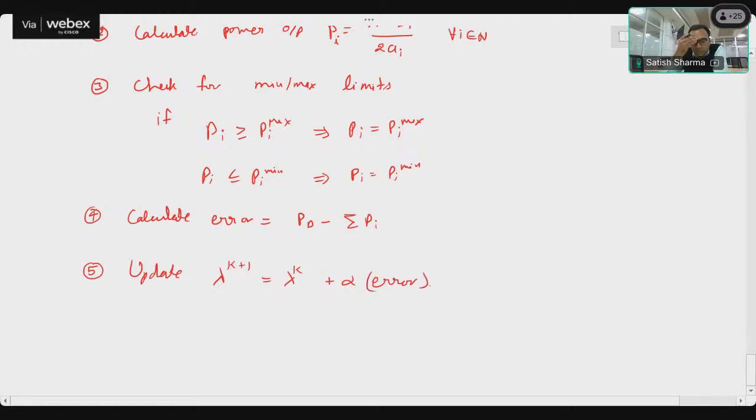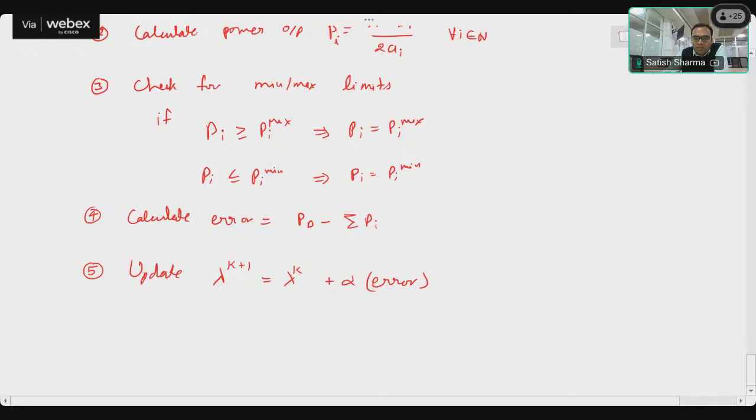Again I'm reiterating that if the summation is less, it means we are producing less, so the error will be positive. And if the error is positive, this positive error will be added to the previous lambda, and our new lambda will be high, and that encourages the generators to produce more so that this positive error can be minimized.